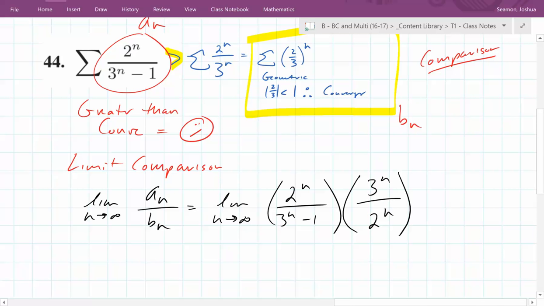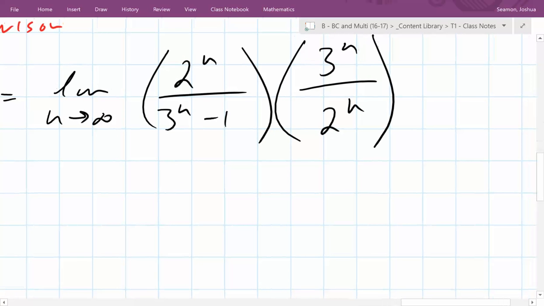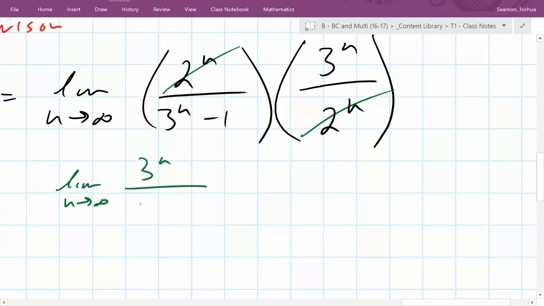I'm just multiplying by the reciprocal, I want to skip writing something out here. Does something cancel here? So now what do we have? We have the limit as n goes to infinity of 3 to the n over 3 to the n minus 1. What does that equal? That is 1. What does the limit comparison tell us?